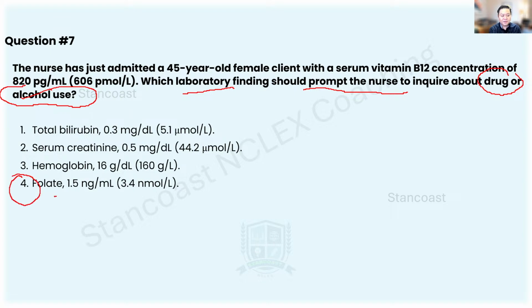Okay, folate of 1.5 nanograms per ml, 3.4 nanomoles. Let me explain. When the patient is low in their folate level, the normal value is supposed to be 1.8 to 9 nanograms per ml.